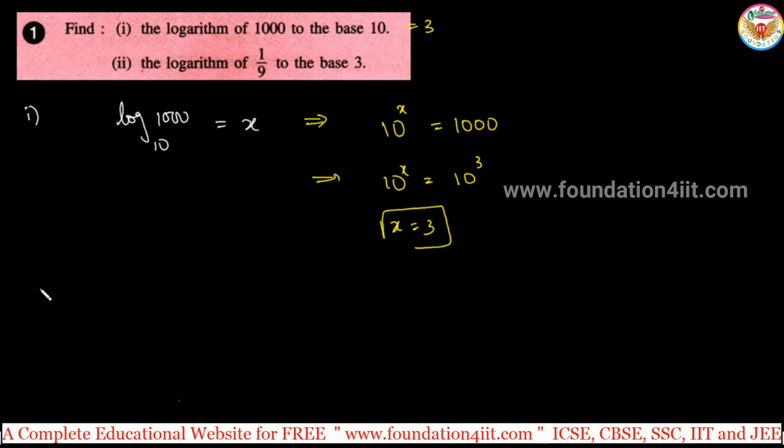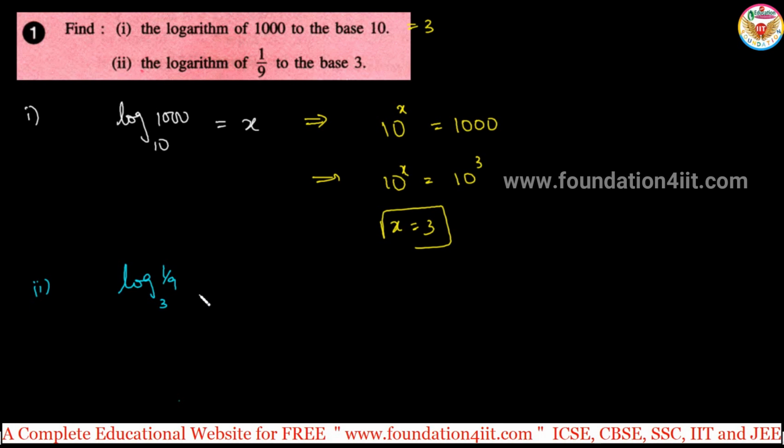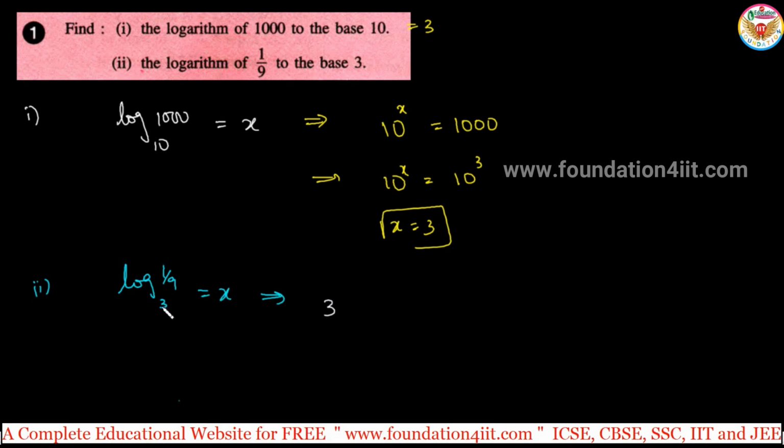In the same way, the second one. Logarithm of 1 by 9 to the base 3. So log 1 by 9 to the base 3, the value let it be x. Convert the logarithmic form into exponential form, then only we can simplify to find the x value. So the same base 3.